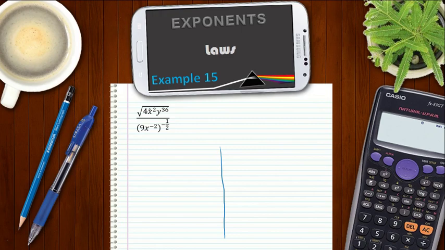So we know that the square root of 4 is 2, so I can immediately take these out of the square root. Also remember that when we have a square root, there's a small 2 there, so we divide all our exponents by 2. This one's quite easy because we know that the square root of x squared is just x.